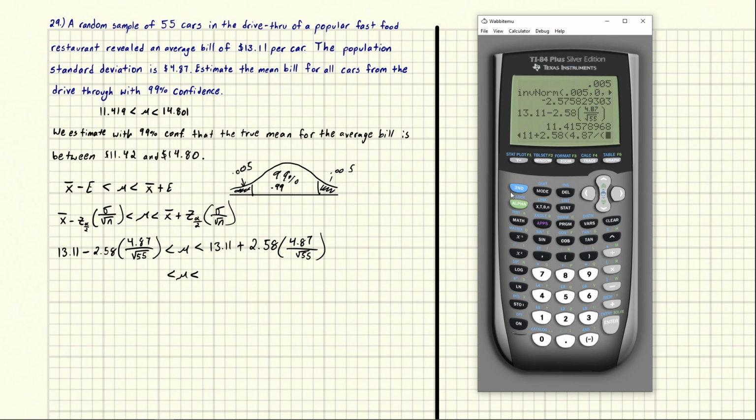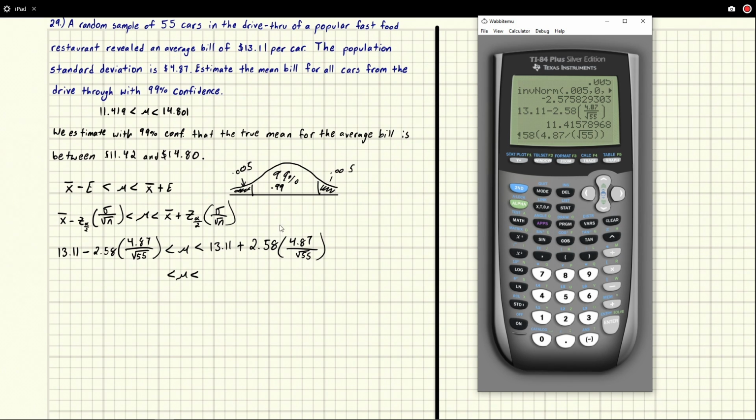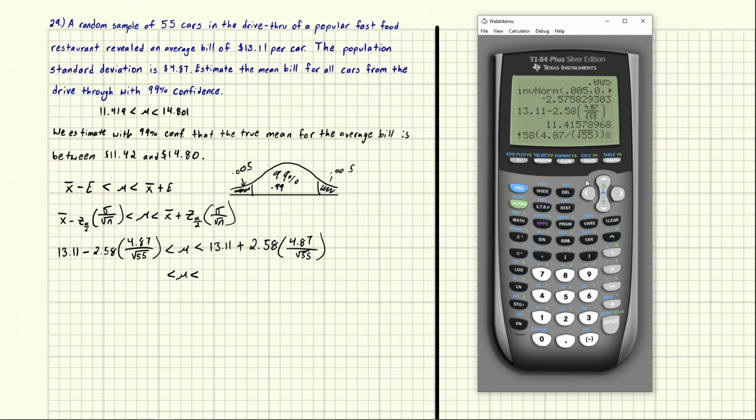And I'm going to put a square root sign. So we're going to do the square root of 55. I'm going to move out from under the square root and close the parentheses for the lower half, and then close the parentheses for this big set. So it's like I put extra parentheses around this guy. And that's it. So we're going to go ahead and hit enter.